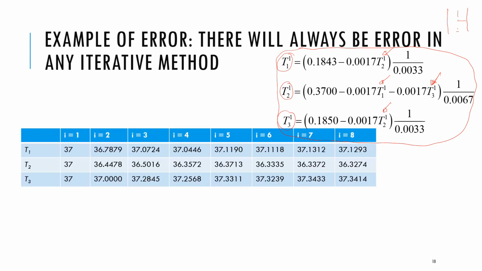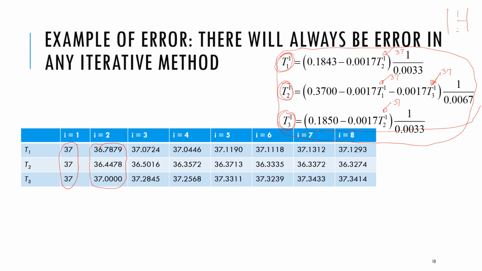But it may not always be possible to do this kind of guess based on physical insight. So in this case, I use the initial temperature. So that's what will go into the right-hand side, and that will give me an improved left-hand side. And so the improved left-hand side would be these values. This is what I will get by doing the computations here.